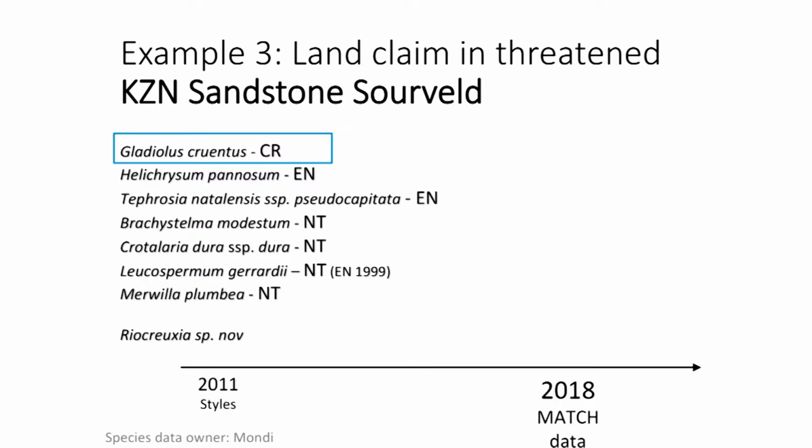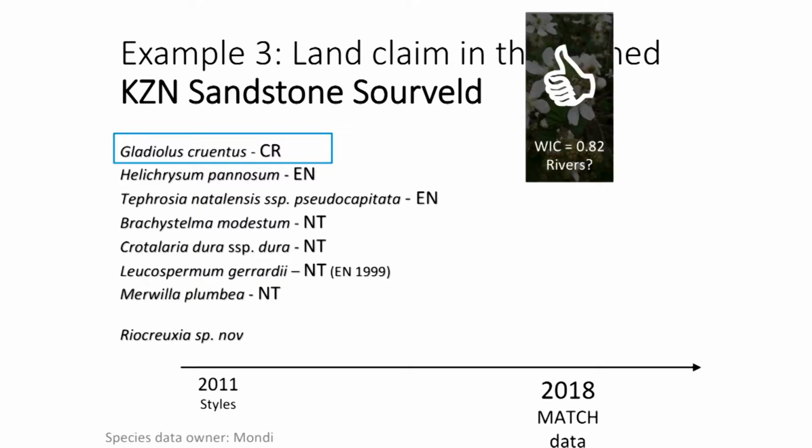Now, using this species data in combination with the match data, we can see that overall, in the whole plantation, there's really good management of the invasive alien plant species. I can't tell you from the match data whether that applies to the specific river that's feeding into the waterfall where this gladiolus occurs, but it's encouraging.